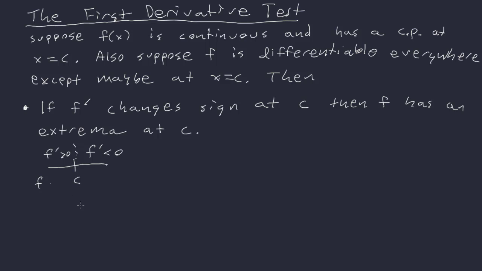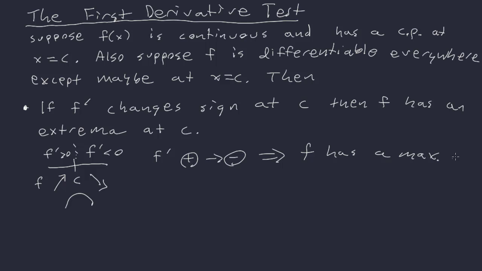That means the original function f is going from increasing to decreasing. So f prime going from positive to negative gives us a maximum, because it's basically creating a max. So f has a max at c.